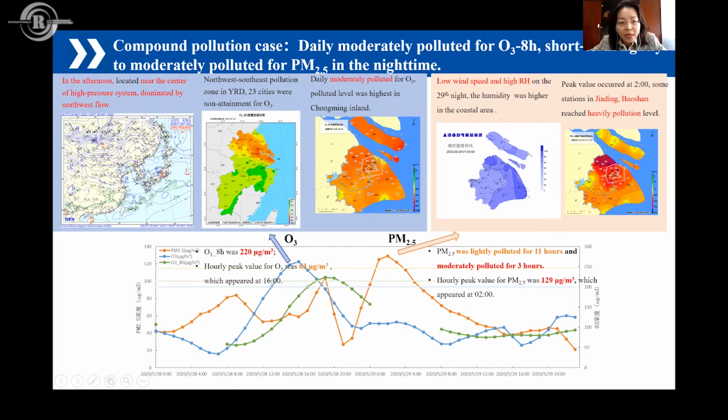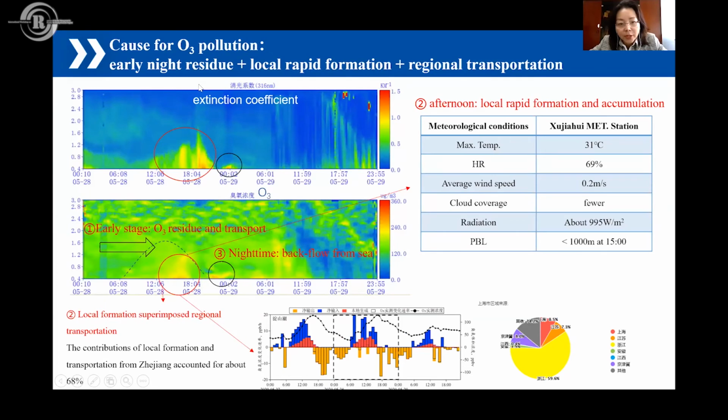The whole area was under the control of a high pressure system. The ozone pollution occurred in the afternoon, and then at midnight you can see the peak of PM2.5. We also use the lidar to give us relevant information.